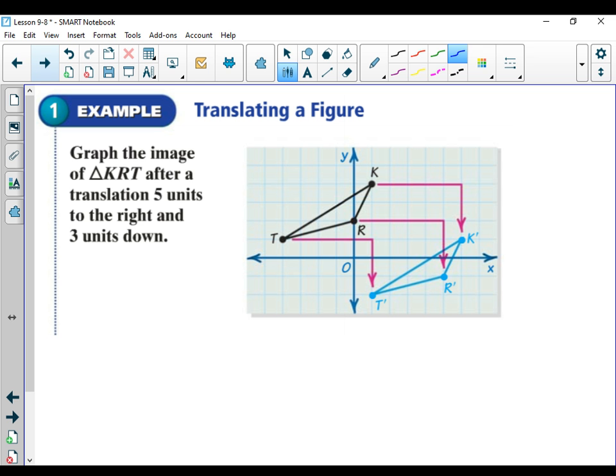You wouldn't actually write these red arrows, but this is kind of like how your pencil would trace across. So T went 5 right, 3 down. R went 5 right, 3 down. K went 5 right, 3 down. So the whole shape went the same distance and the same direction. Are you seeing that? Yeah?